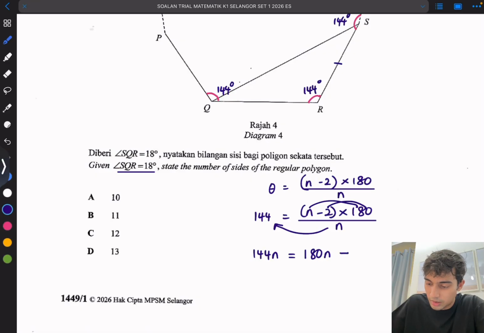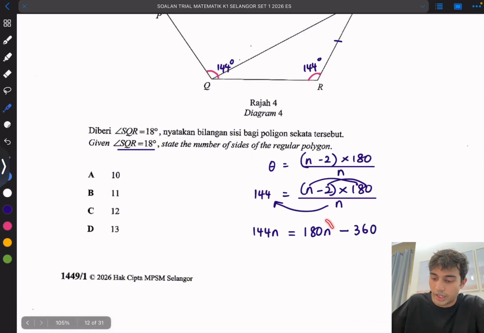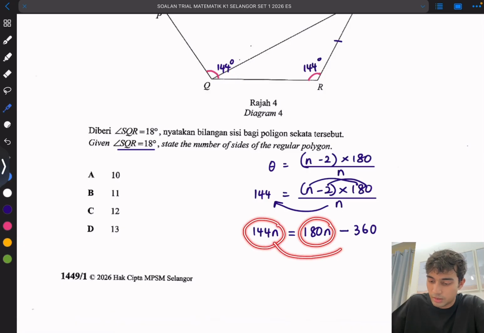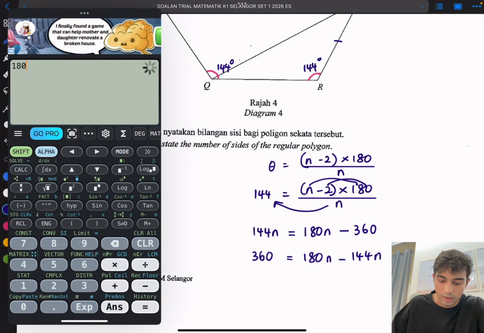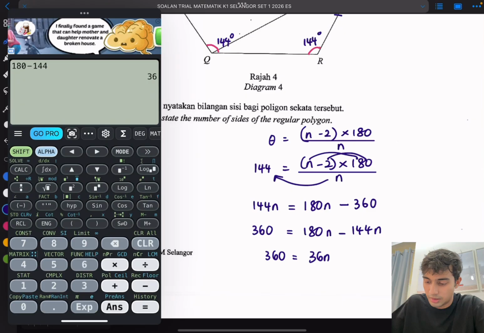So times this is minus 360. Then all the n's we bring together. So this one I move here, the one without n we move to that side. So 180n minus 144n is 360. 180 minus 144 is 36n equals 360.